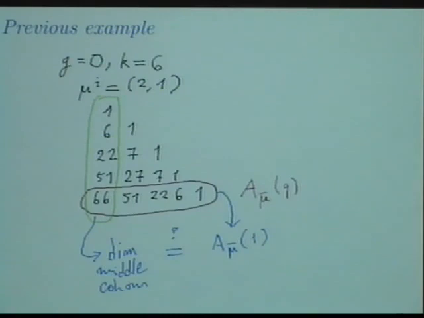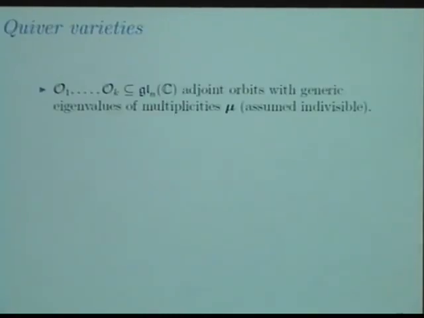And let me finish with a description of this quiver variety, which has a very similar flavor to the character variety, but in an additive form. So you give yourself adjoint orbits now in the Lie algebra of matrices. And again, you prescribe the multiplicities of the eigenvalues, so semisimple classes.